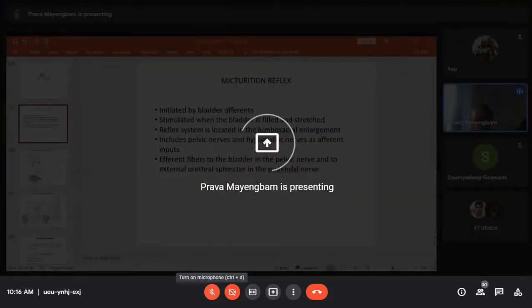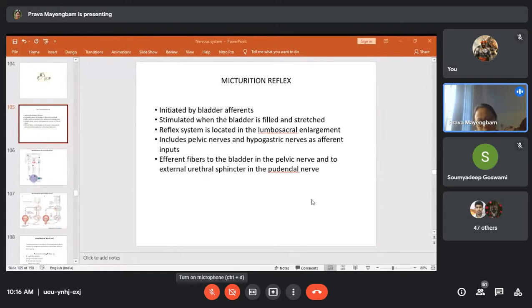You have read the definition of micturition, but today I am going to tell you how the micturition reflex starts, which nerves are involved in causing micturition, and how this reflex happens. This micturition reflex is initiated by bladder afferents, and it is stimulated when the bladder is filled and stretched. When the bladder is filled by urine, the bladder muscle will get stretched.